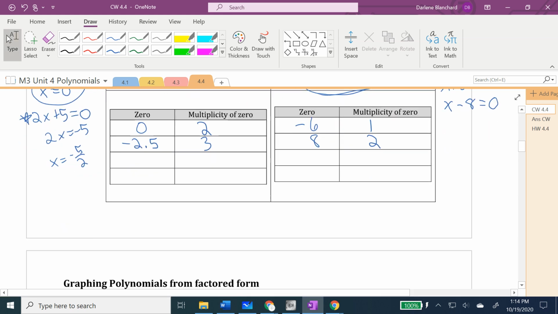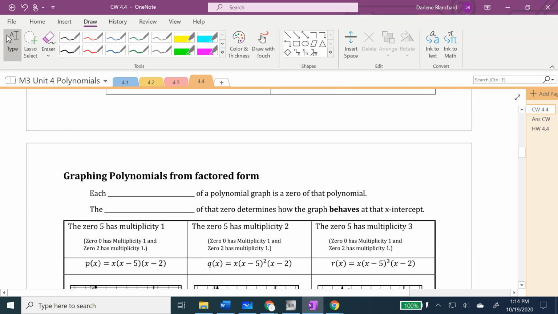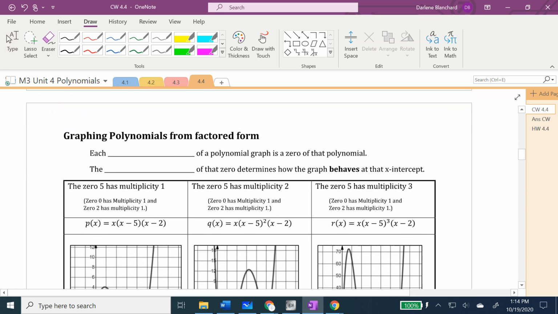Now, before we go into graphing those, I'm going to talk to you about what this tells us. On Friday, you learned a bit about the end behavior of graphs. Now we're going to talk about what we can do with the interior if it's nicely factored into linear factors.